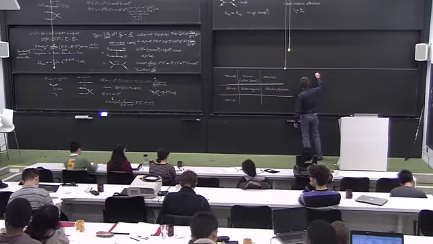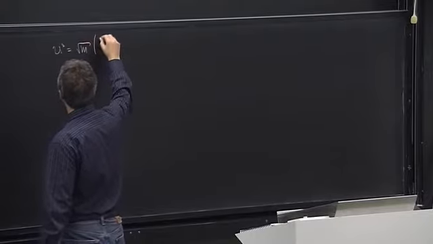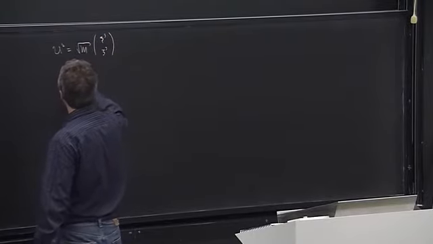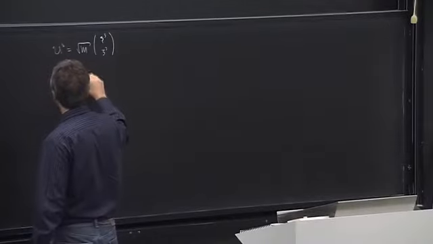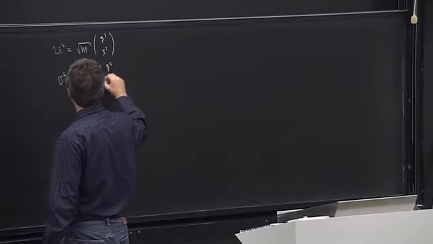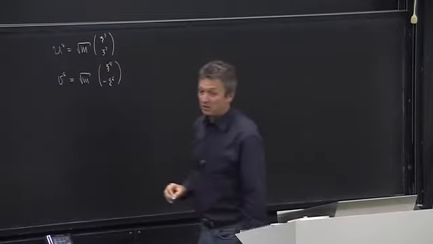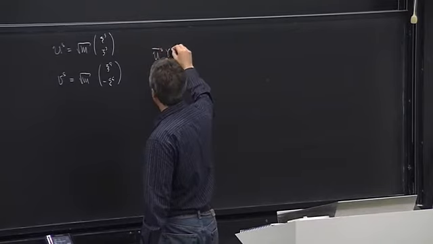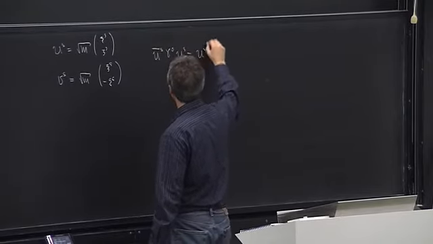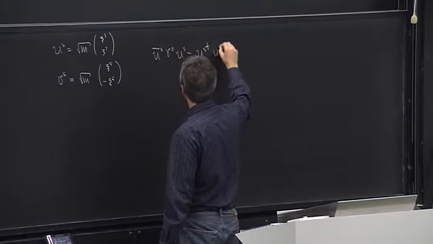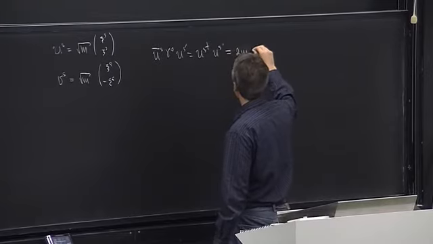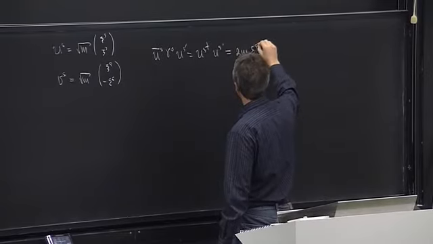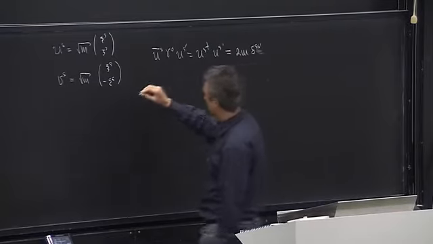For the electron, U in the non-relativistic approximation is square root of m times (psi s, psi s). For the positron, this is square root of m times (psi s, minus psi s). So if you compute U bar s gamma 0 U s prime, this is U s dagger U s prime, which will be 2m delta s s prime. The same is true for the positron.